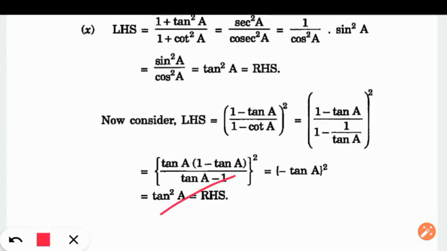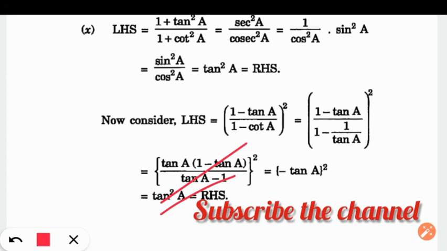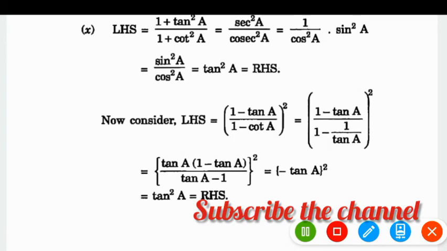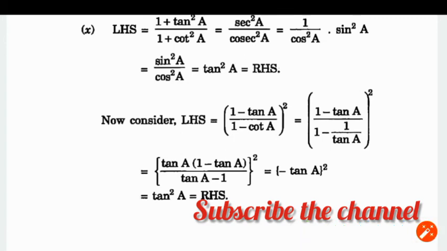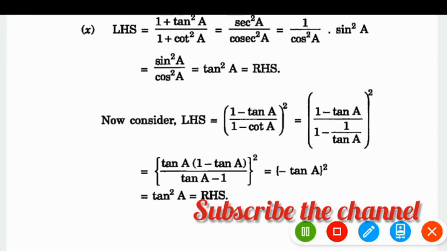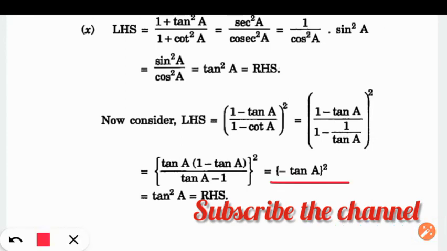So this cancels out, and we have only tan square A. When we write this one, 1 minus tan A whole square, if we write this one as tan A minus 1, within the square nothing will happen, minus will become plus. See, that is why we have this one.